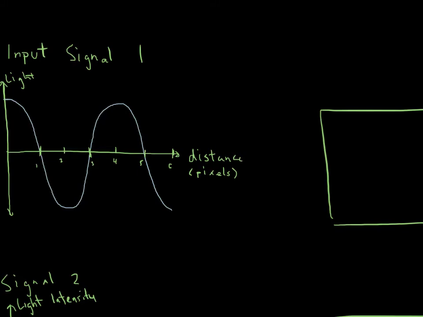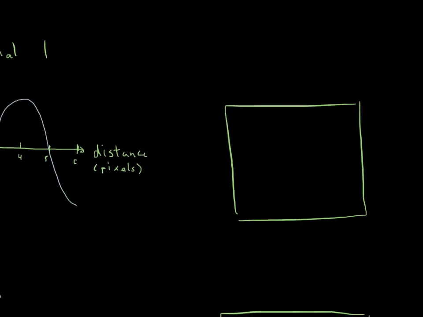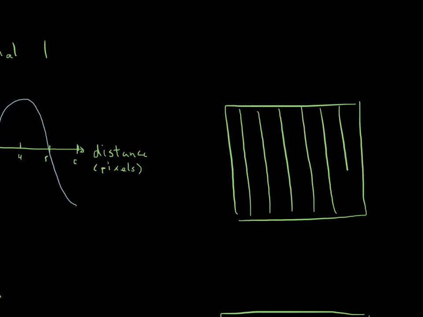So the 0 on this x-axis corresponds to the first row of pixels over here on this box that I'm using as a sensor, and the 6th row of pixels would be right here. So let's divide up this sensor really quickly, and label it 0, 1, 2, 3, 4, 5, and 6.